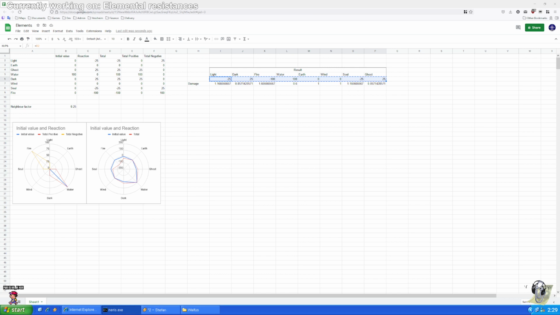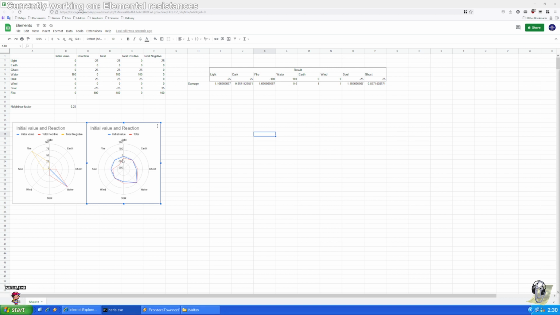Yes, now it looks more like it. So as a result, the add-ons have something like that.